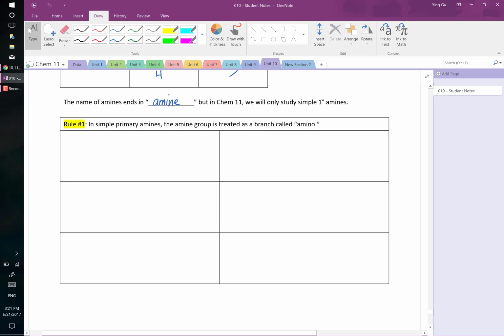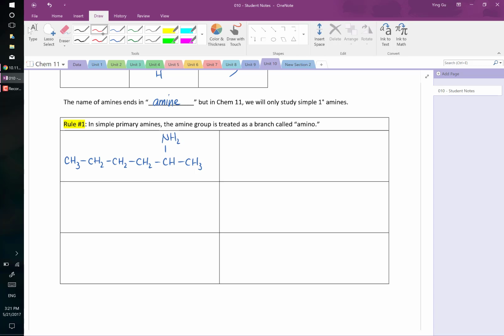So let's do some examples. Let's start with a condensed structure example. CH3, CH2, CH2, CH2, CH, CH3. Here is the NH2 group. And again, you know this is primary because that N atom is only connected to 1 carbon. In primary amines, we treat that just like a regular old branch.